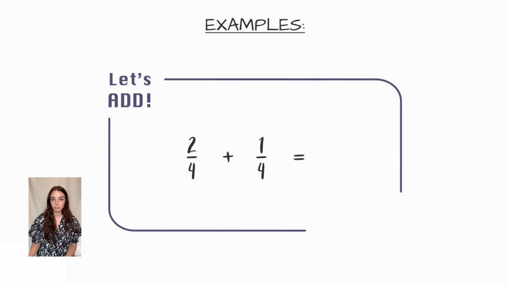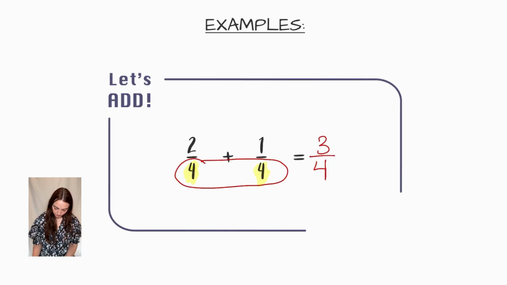Another example, 2/4 plus 1/4. Perfect. We are checking those denominators. We have a 4 and a 4. We don't have to do any extra work, which we love, right? We'll just scoot our 4 over. And we will add straight across with our numerators once again. 2 plus 1 equals 3. So 3/4.